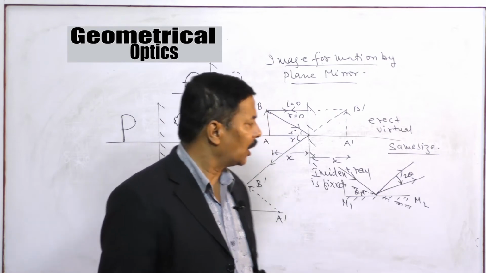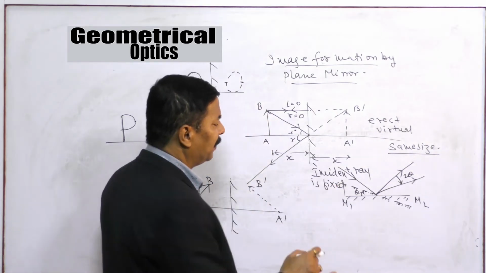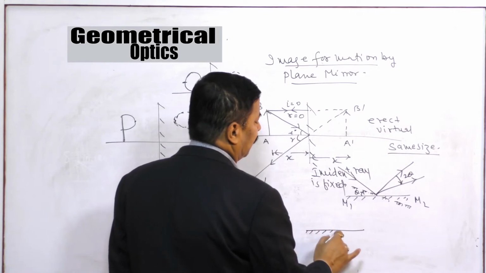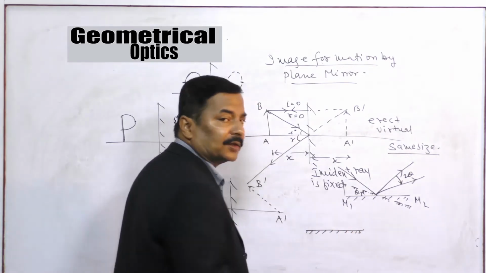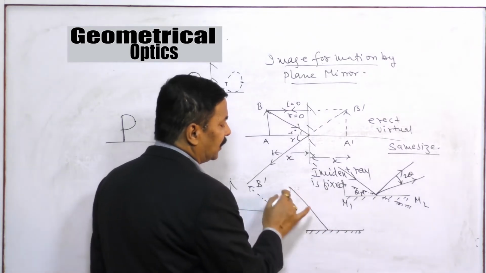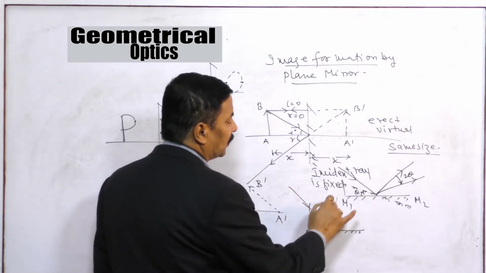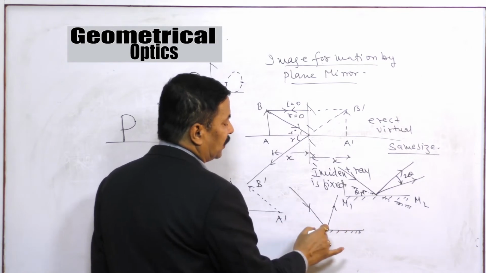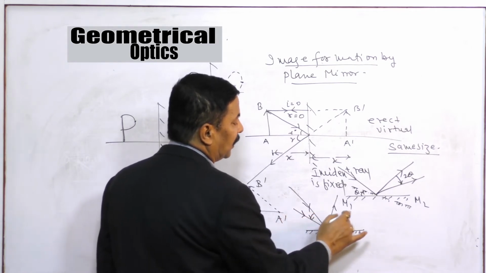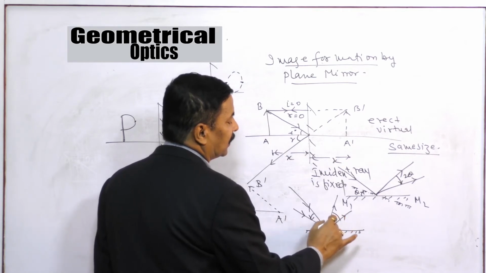Also one thing you should understand, that if the plane mirror is kept fixed, suppose this is incident ray, this is reflected ray. If the incident ray is rotated in this direction, reflected ray also rotates in this direction.